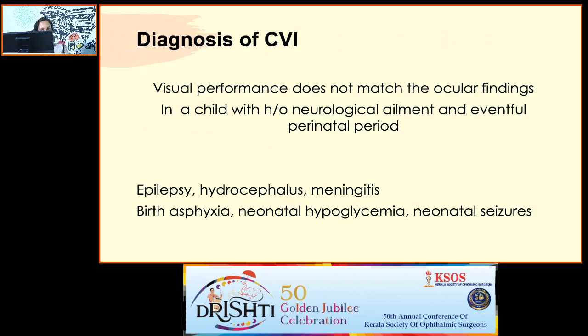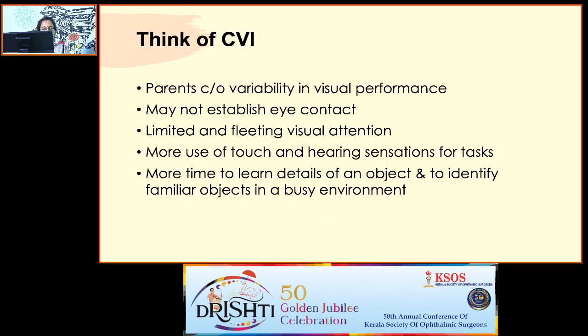When the visual performance of the child does not match with the ocular findings, especially when there is a history of a neurological ailment or there is an eventful perinatal period. Think of CVI when the parents complain of variability in visual performance. They say that the child sees at times, sees better at times and not at other times. They also say that the child is not able to establish any eye contact.